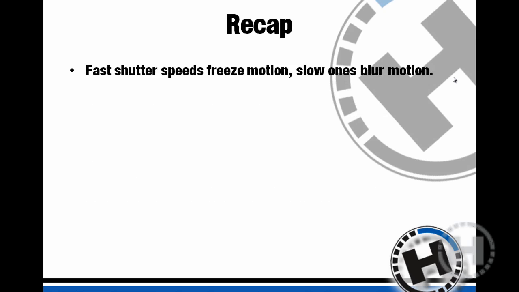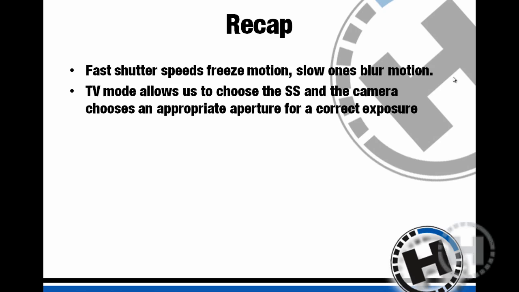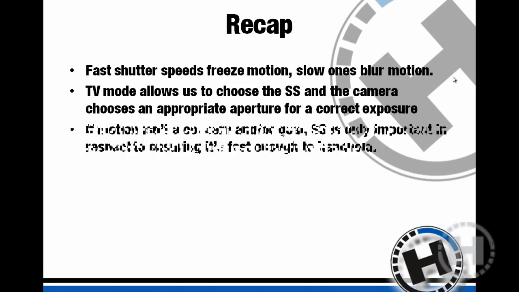So a quick recap. Fast shutter speeds will freeze motion and slow ones will blur motion. TV mode or shutter priority mode allows us to choose the shutter speed, and the camera chooses an appropriate aperture for a correct exposure. It's the exact opposite of aperture priority mode that we learned about earlier, where you put in the aperture and the camera chooses the shutter speed for you.